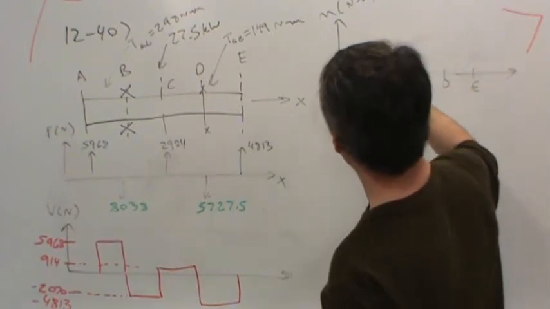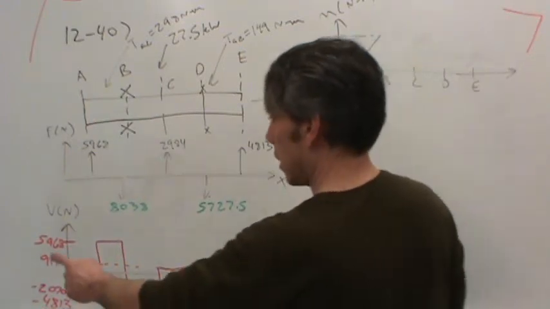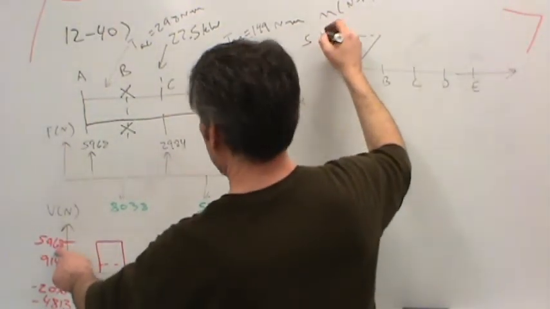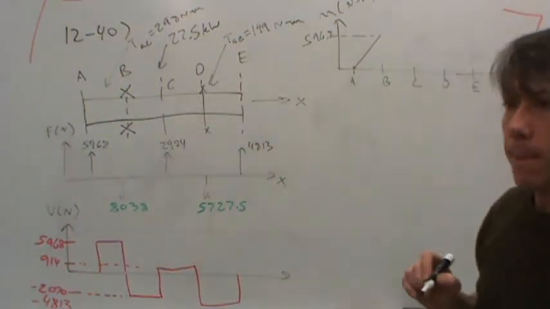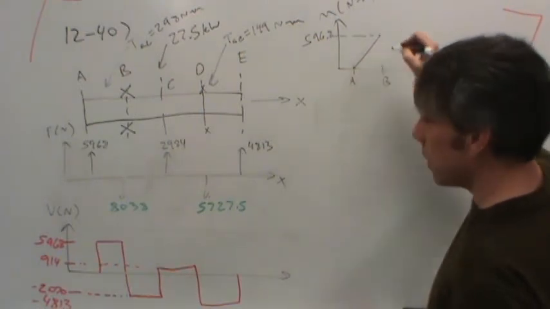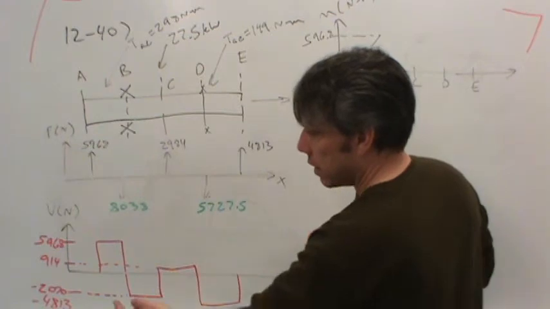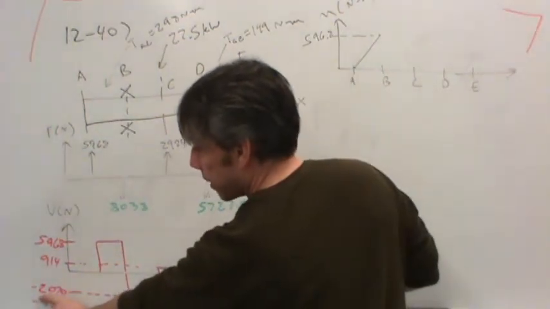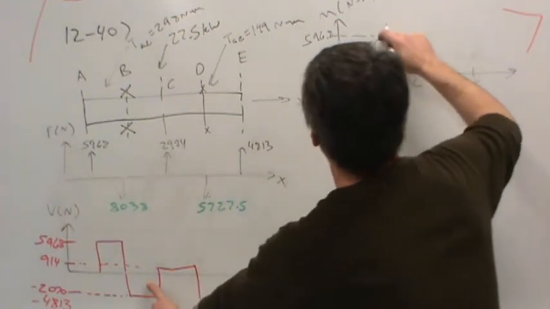At B, we should end up with a moment of 596.8, right? Now, then the thing we do is we have to add more area, but this is negative area. So now we have a negative area in the amount of 207, right? So the moment has to decrease by 207.